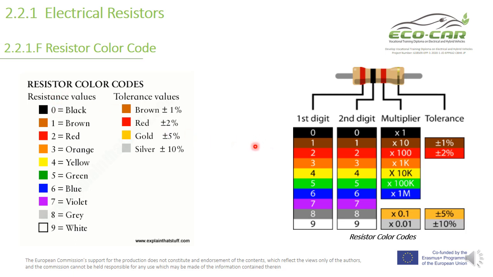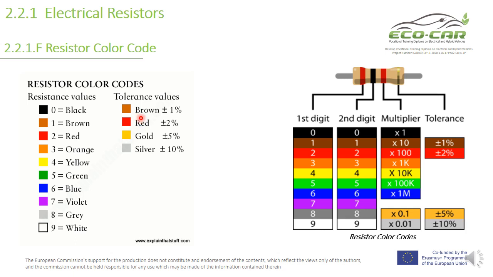If it is 1, it means brown. If it is 2, it means red. If it is 3, it means orange. If it is 4, it means yellow. 5, green. 6, blue. 7, violet. 8 is gray. 9 means white.